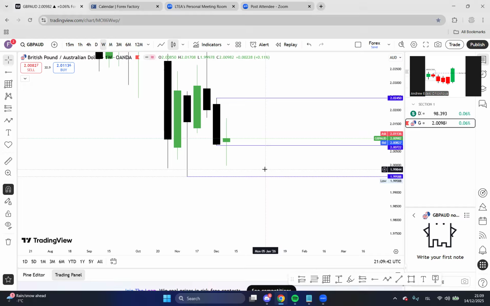The market maker will take that order and look for the exact point where they can execute it. They are the ones seeing where liquidity lies in the market. That's why you hear people say market makers, market makers. They are the people who are executing this market.